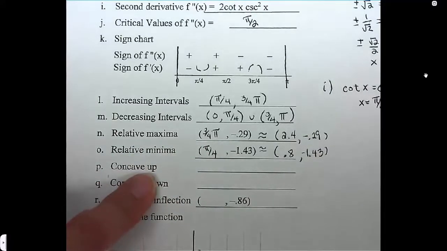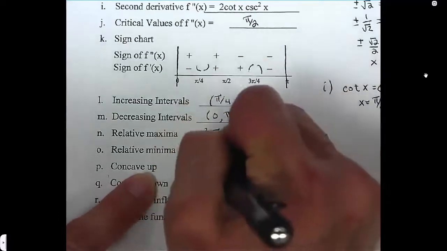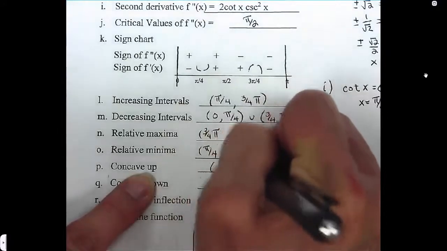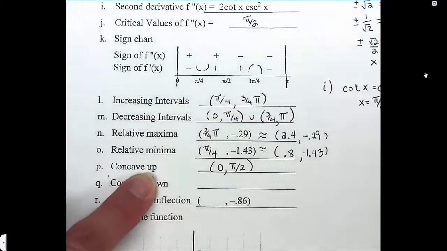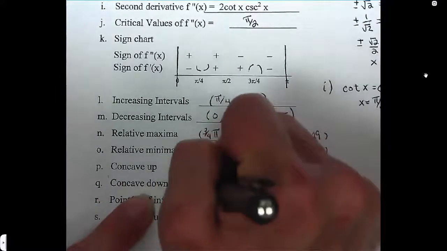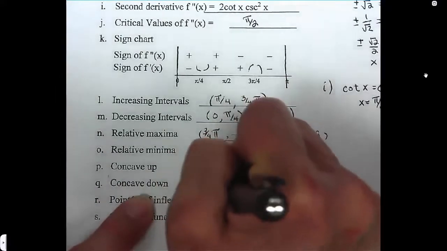Where's the function concave up? 0 to pi over 2. Wherever the second derivative is positive, that's 0 to pi over 2. Concave down, pi over 2 to pi.